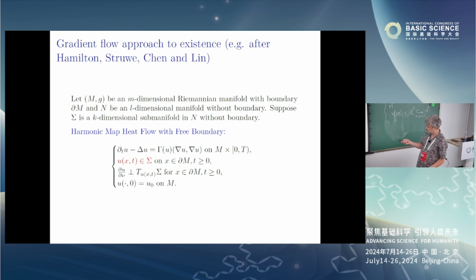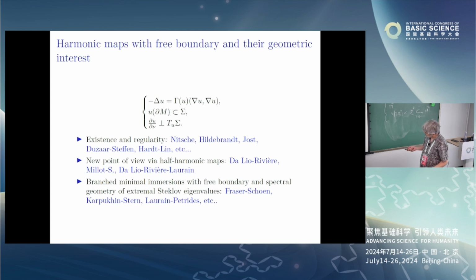So you solve the heat equation inside, you preserve the constraint, and you move the boundary at every time. There is a natural analog of the previous theory. Tomorrow, they're going to talk about that, I guess.